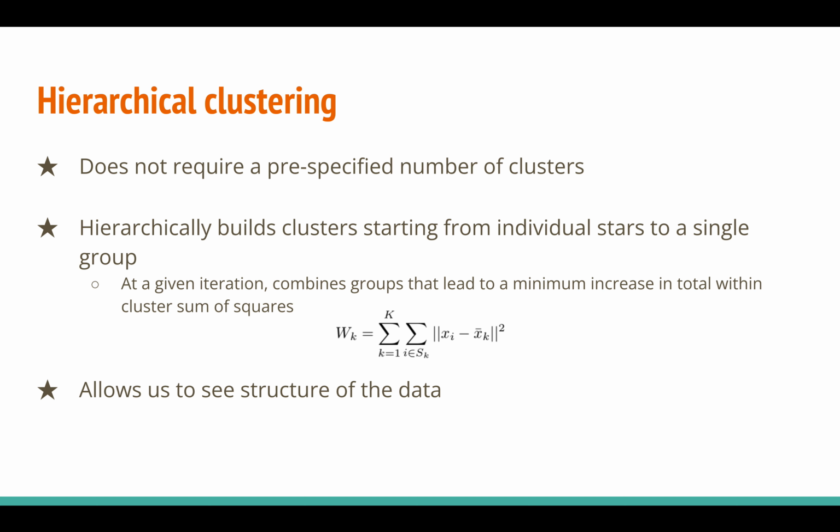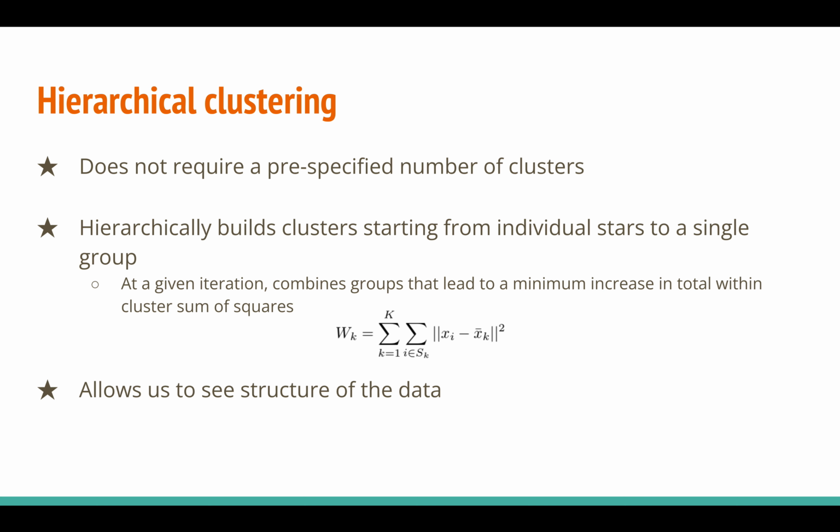So therefore, we don't know how many clusters comprise our data. Choosing the wrong number of clusters a priori could give misleading results, and therefore choosing something like hierarchical clustering is playing on the safe side since we don't really know how many clusters to expect.